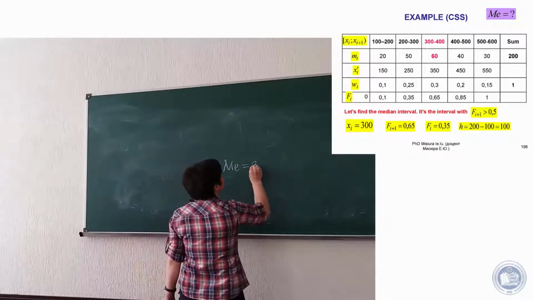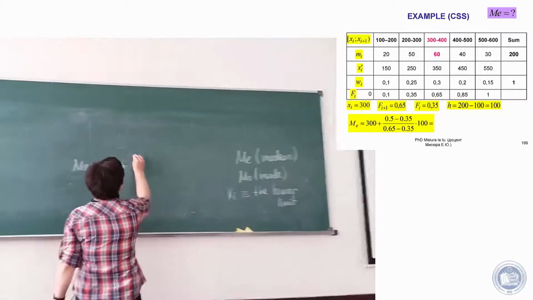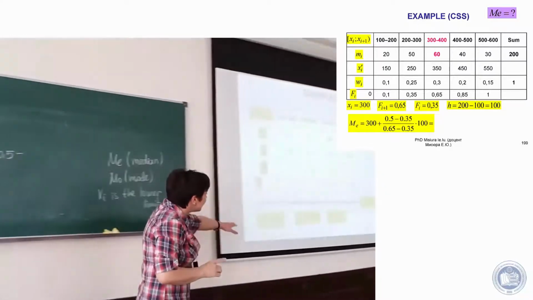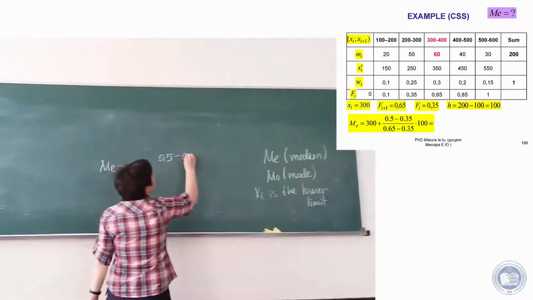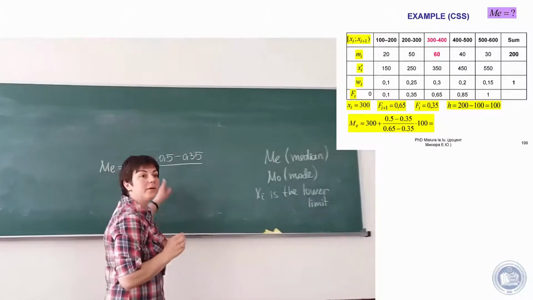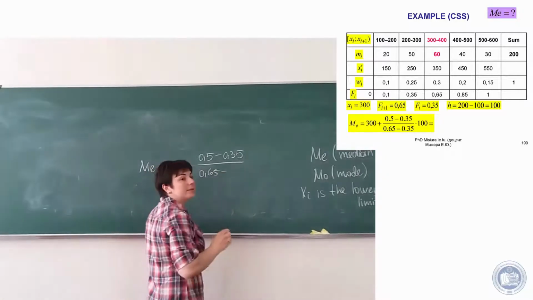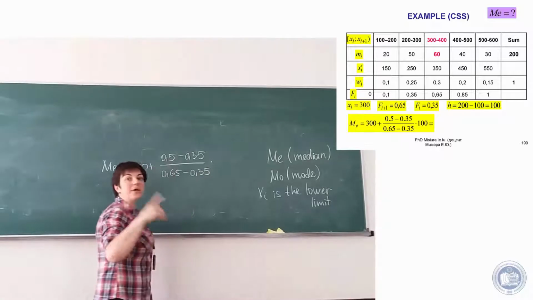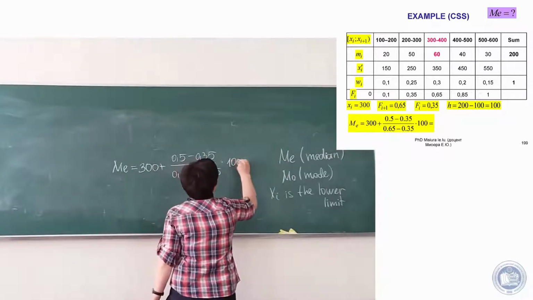Okay, we have 300 plus 0.5 minus f of xi. F of xi equals 0.35. Okay, divided by 0.65 minus 0.35. Okay, and this fraction multiplied by h. Please call h. 100. Okay, let's continue.